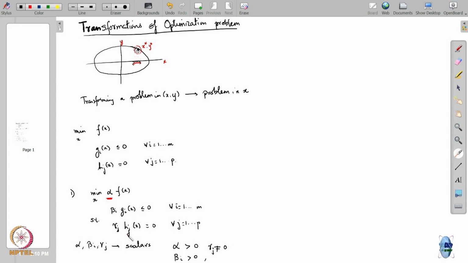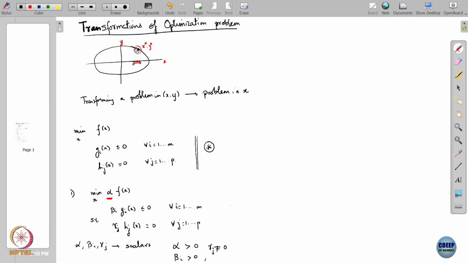So, what that means is, if there is any x that satisfies these constraints, let us denote them by star, if there is any x that is feasible for star, then it is also feasible for the optimization problem in 1.